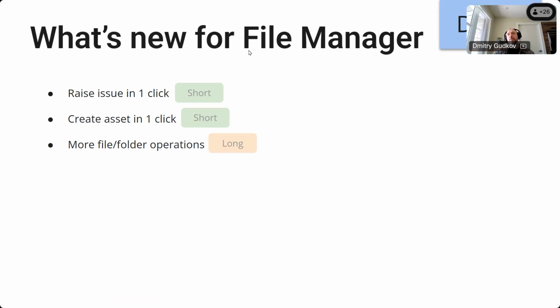File manager will mostly remain as it is. Minor additions like raising an issue with a file or folder in one click, or creating an asset with a file or folder in one click, will be added soon. We will skip the demo part here as we are running out of time a bit.